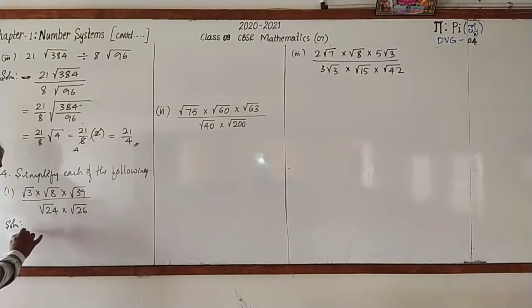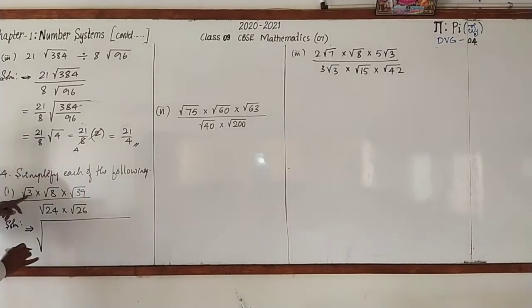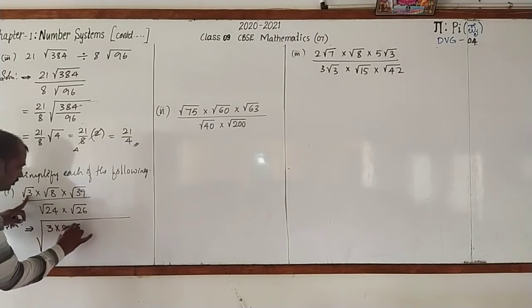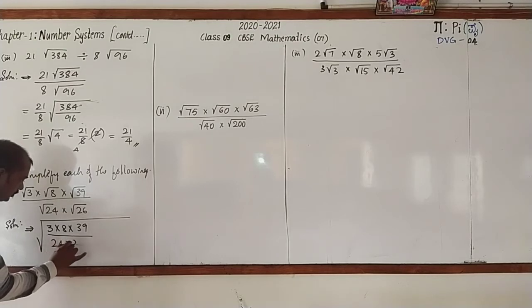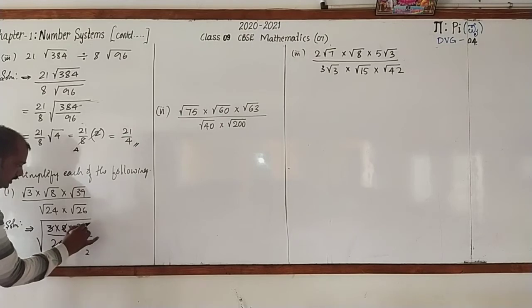Hence, we can go for writing directly like this. Square root of, orders are same. Go for writing all the radicands. 3 into 8 into 39 whole divided by 24 into 26. 8 ones are 8, 3s are. 3 ones are 3, ones are. 13 2s are, 13 3s are.